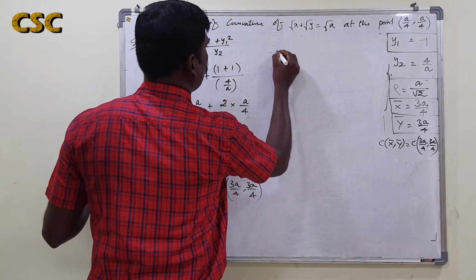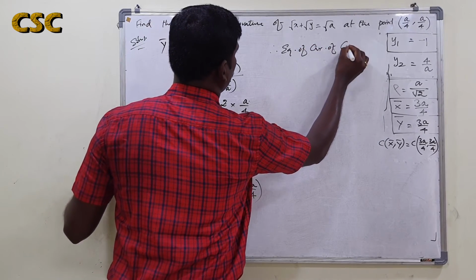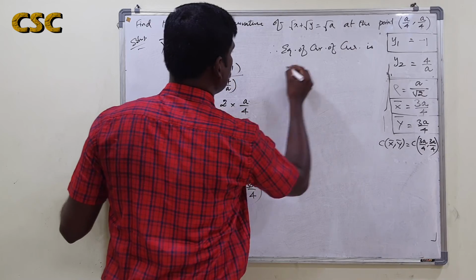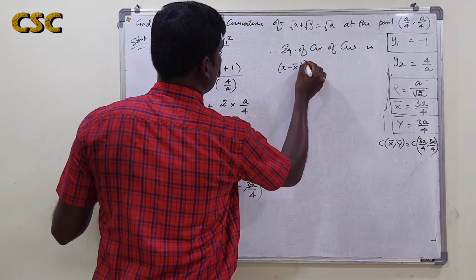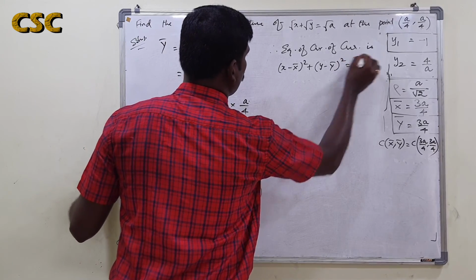Therefore, equation of circle of curvature is x minus x bar the whole square plus y minus y bar the whole square equal to rho square.